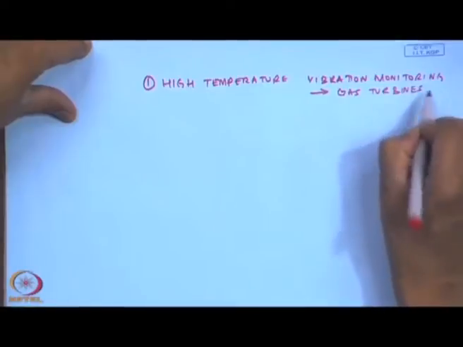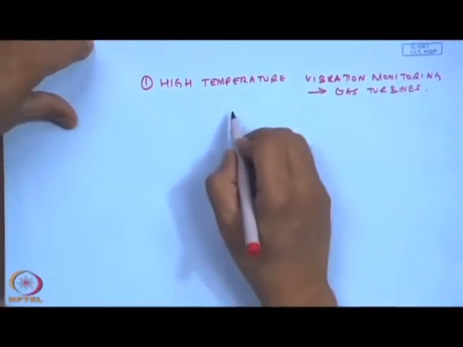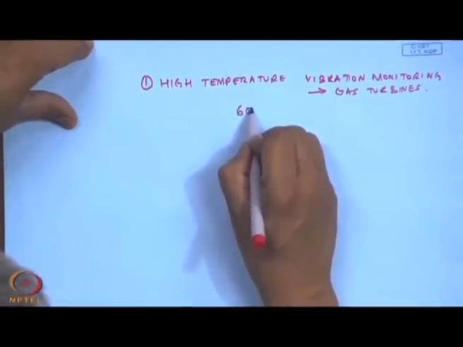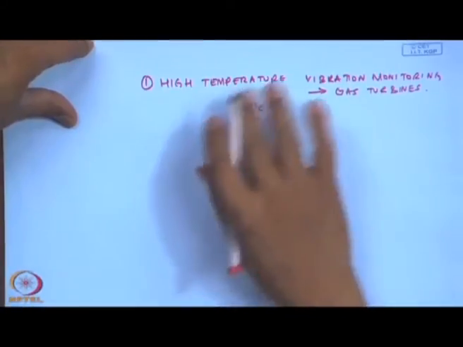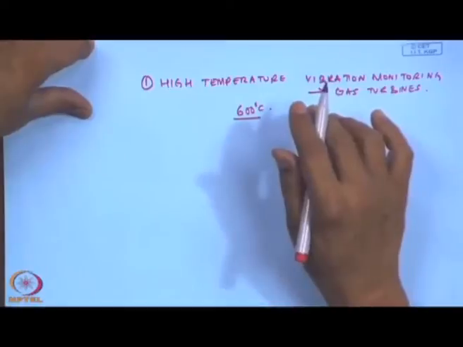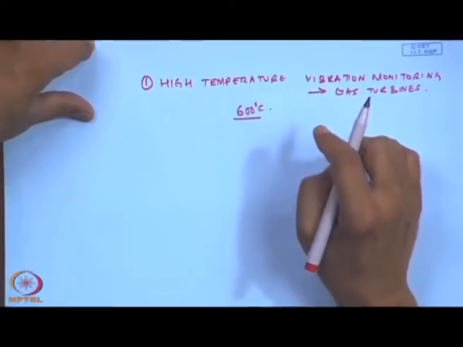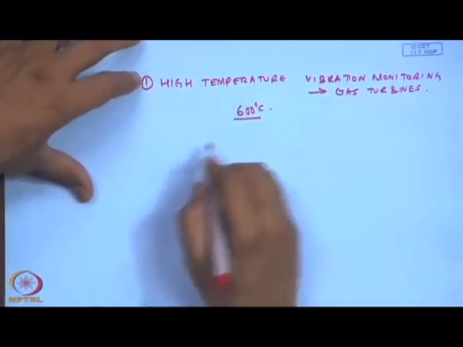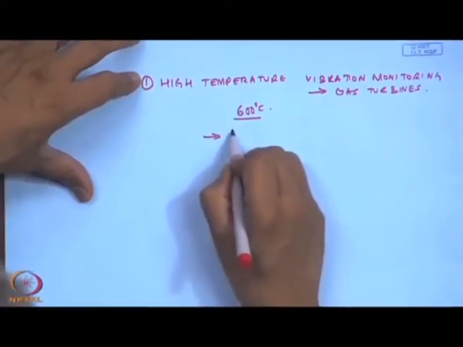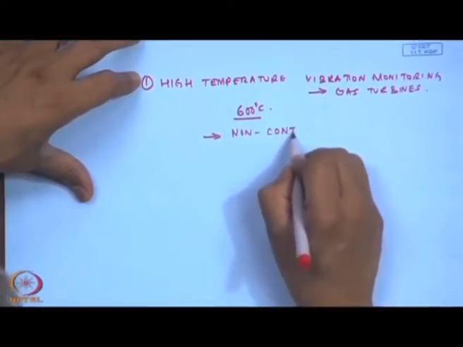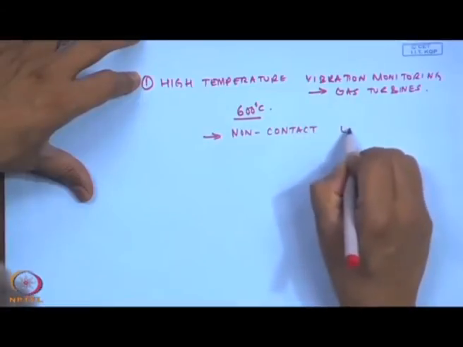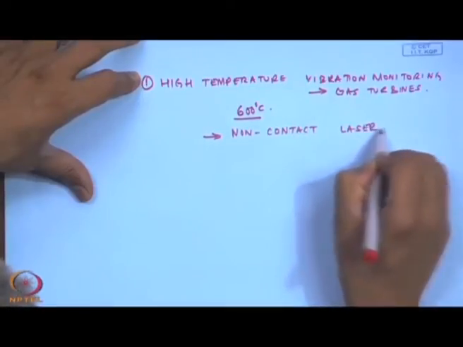Of course, nowadays there are accelerometers available which can measure charge type close to about 600 degrees Celsius, but beyond that we cannot possibly measure vibrations through contact type accelerometers, so we have to go for non contact type laser based systems.